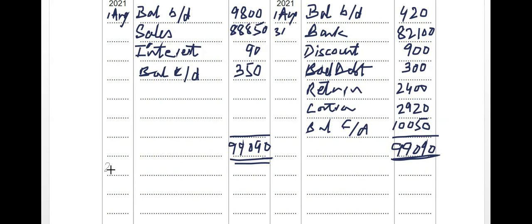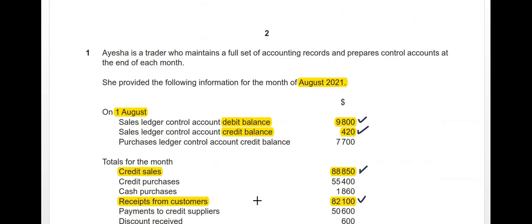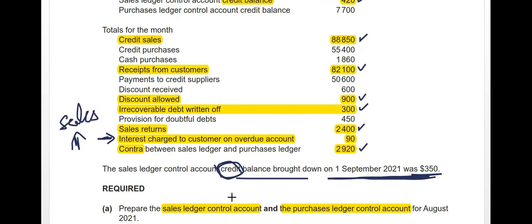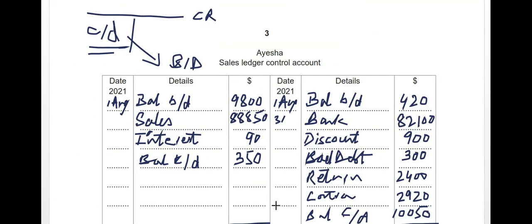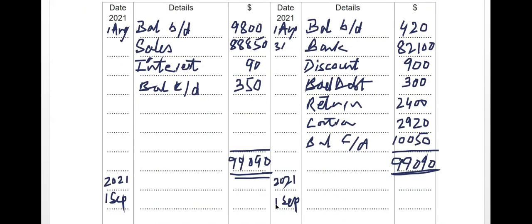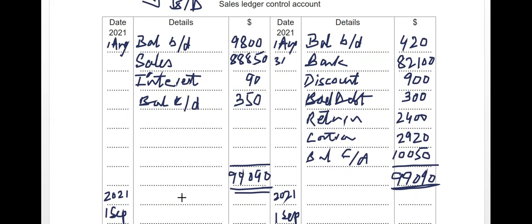Again, when a sales ledger control account has balances on both sides, what this usually means is that the traditional balance should always be on the debit side, brought down on the debit side. So this larger amount, balance CD 10050, is the amount that is coming on the debit side. And because the question stated that there was a credit balance, we added that, and now we have to bring down these balances.